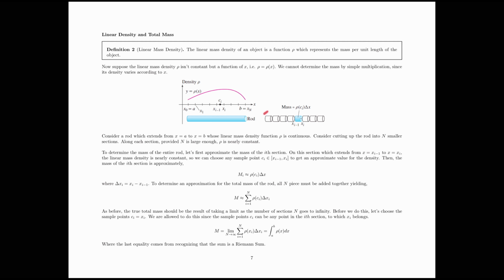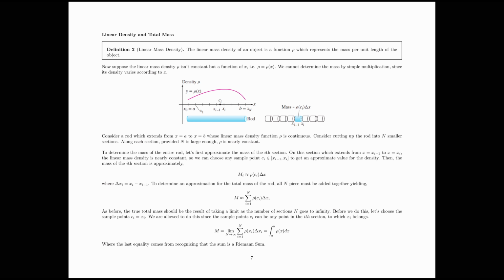But if this width, delta x, is very, very small, then the difference between the density here and here has to be very, very small, provided that the density varies continuously. If the density doesn't vary continuously, then there could be a very large difference. But let's just say it varies continuously.